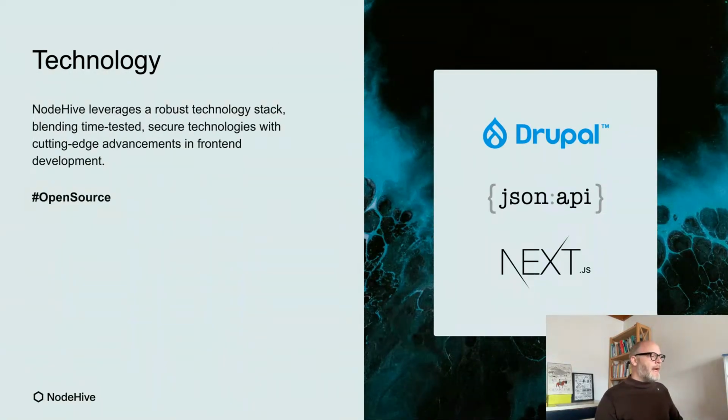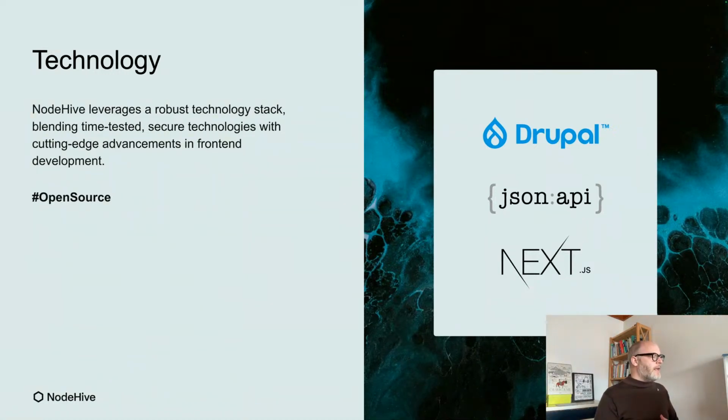The technology behind, I already said that we are using Drupal as a foundation. We use Drupal tools like the JSON API that comes out of the box, and our preferred solution for the front end is Next.js. This sounds a little bit technical, but it's very important if you decide to go in a specific direction with your technology stack that you use the best and the greatest of the technology.